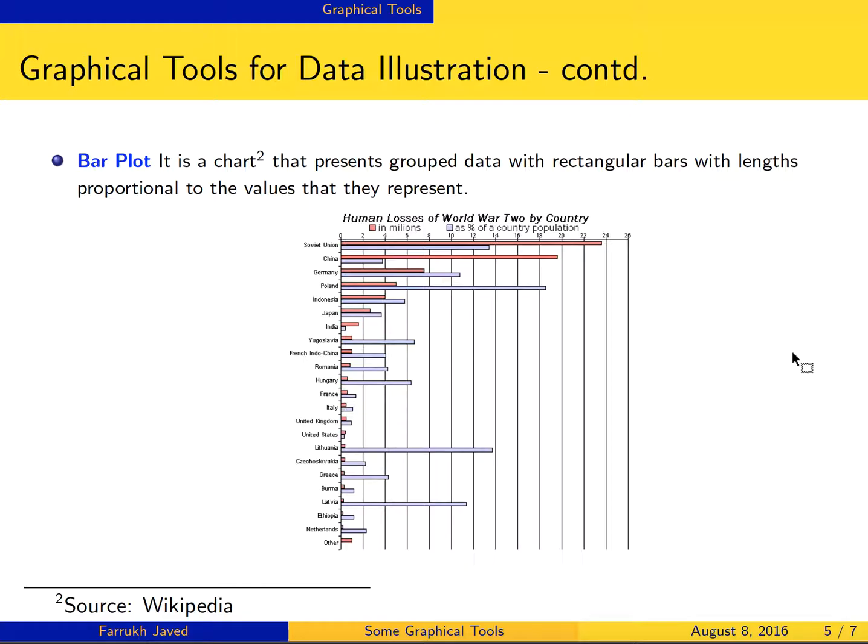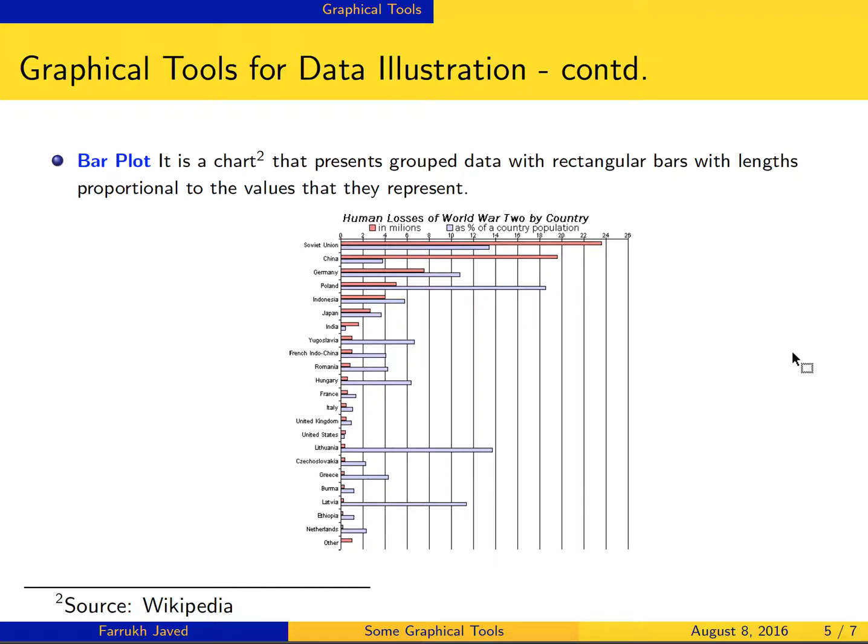I downloaded this graph from Wikipedia, and it's a nice graph with 2 bars at the same time for each variable. There are many variables like Soviet Union, China, Germany, Poland, Indonesia, Japan, and so on up to Netherlands and other. Each variable has 2 categories: losses in millions and losses as percentage of country population.